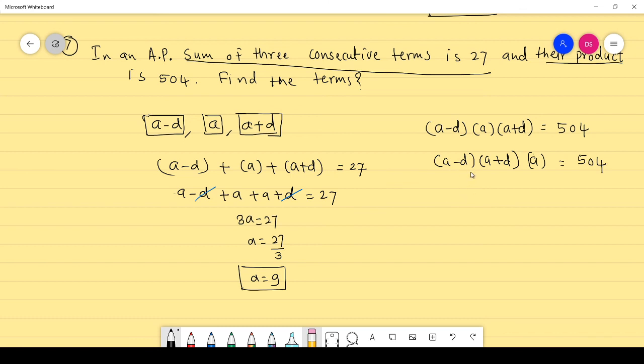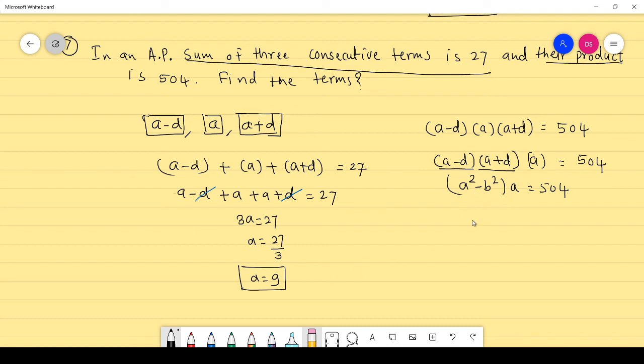Now a minus d into a plus d, that is a formula, that is a square minus d square, into a will be equal to 504. Why is it so? Because there is a formula: the simplified form of a minus d into a plus d is a square minus d square.